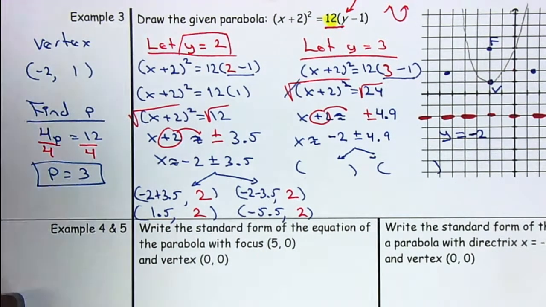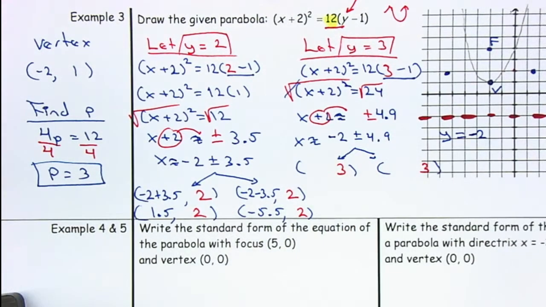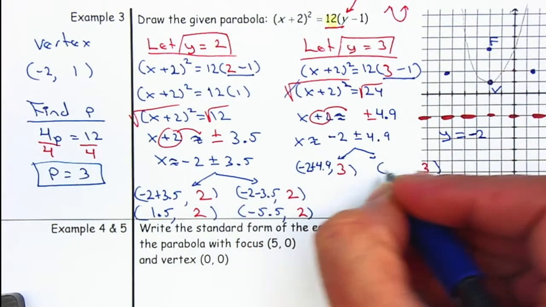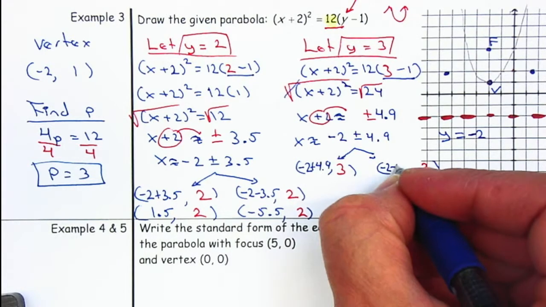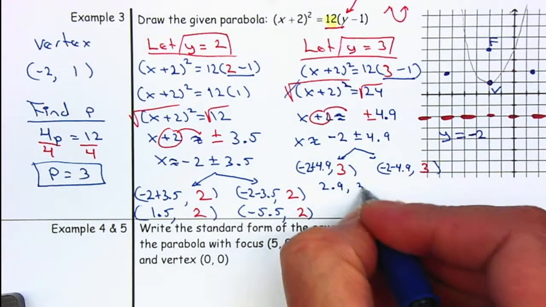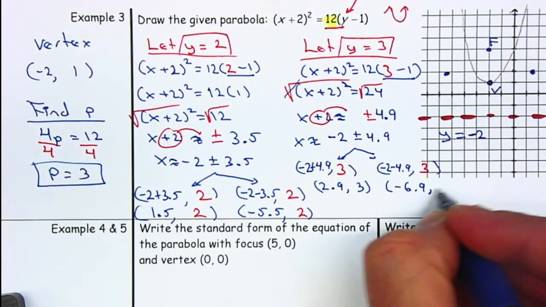The y value for both of them will be 3. The corresponding x value, one of them will be -2 plus 4.9. The other will be -2 minus 4.9. So it gives me 2.9 comma 3. And the other one will be -6.9 comma 3.